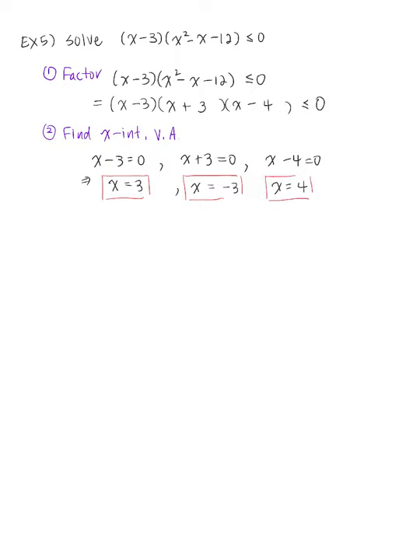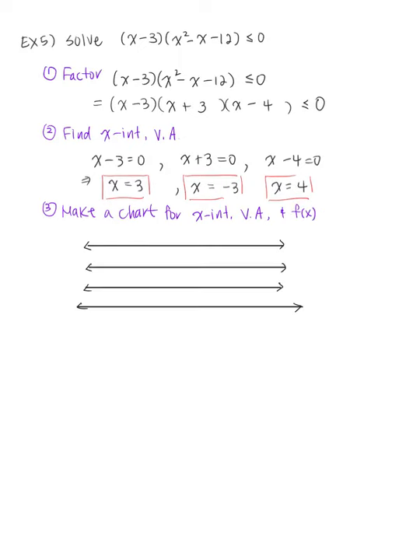All right, now step 3, make a chart for our x-intercepts, vertical asymptotes, which we don't have any, and our function f of x. So in this case, we should have 4 lines because look at how many factors of f of x we have.